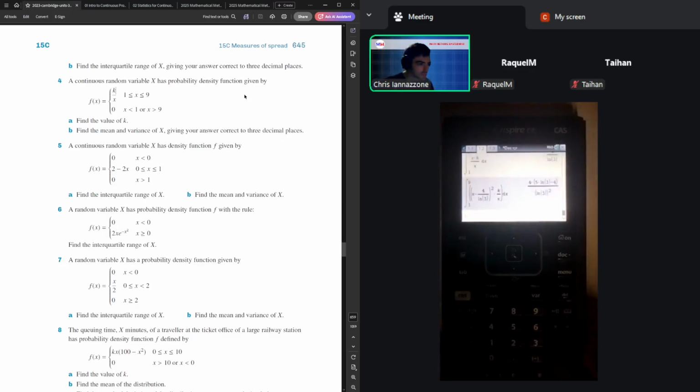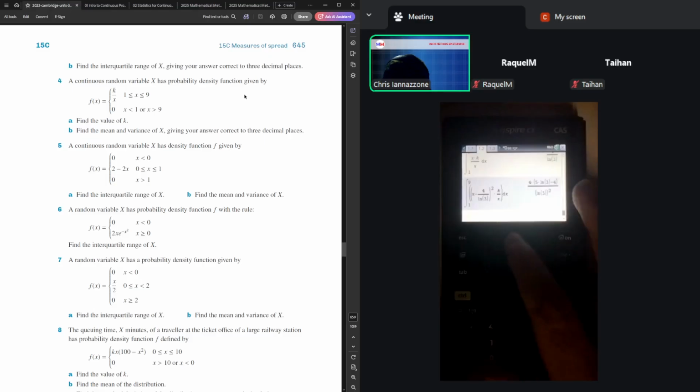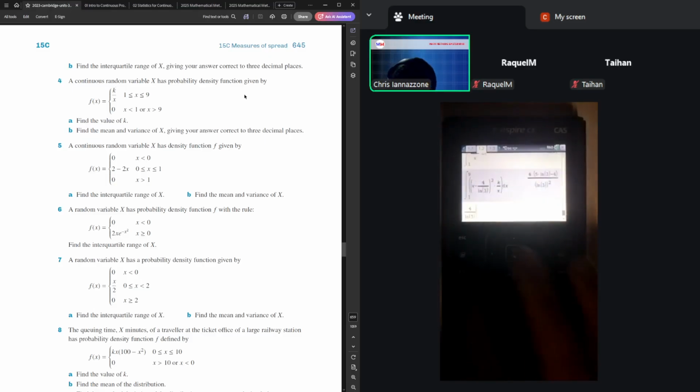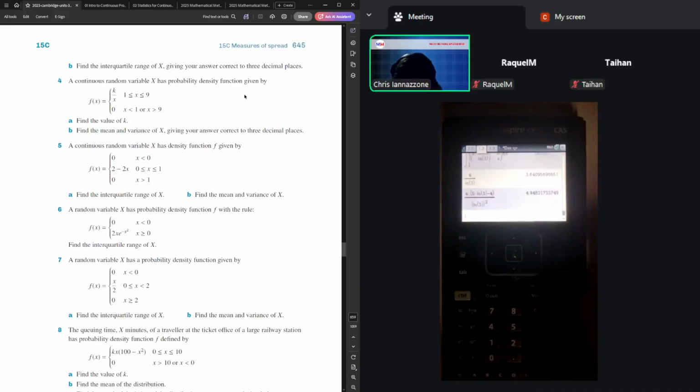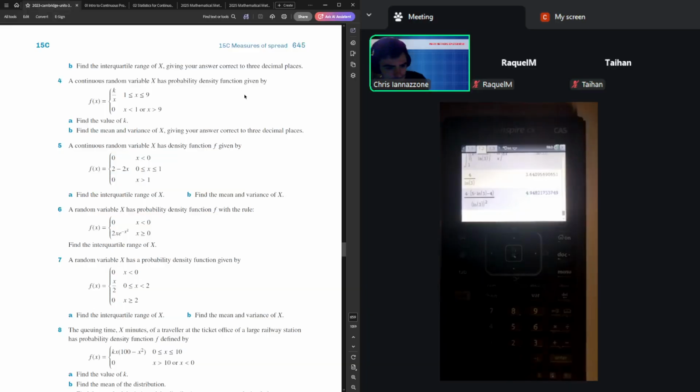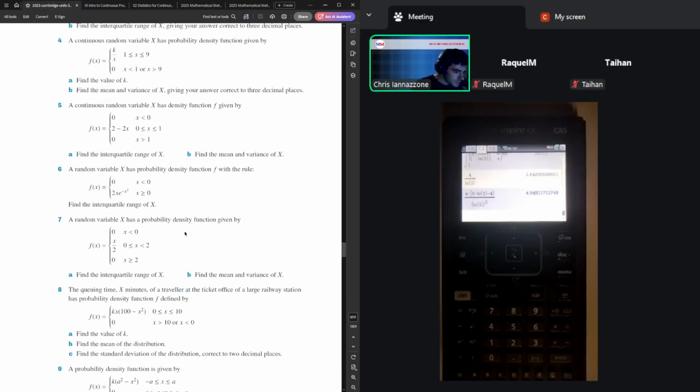And that's obviously going to come out much more strangely. It does say 3 decimal places, so you would be control entering on both of these. Mean, variance. And then everything else is just more questions like that.